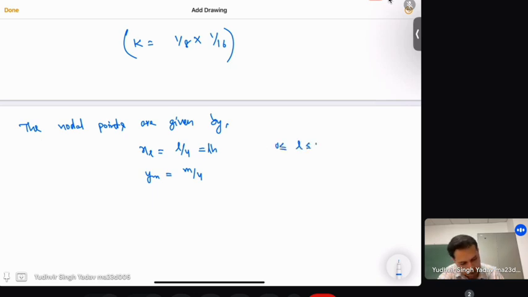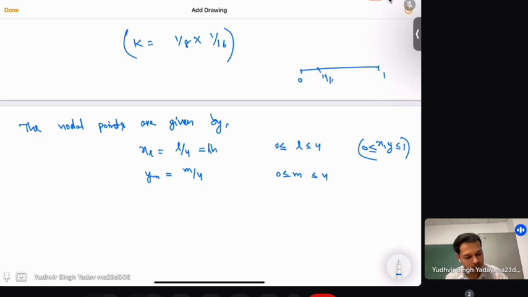So L is 0 to 4 and M is 0 to 4, since x and y are between 0 to 1. So there we will have a heat plate from 0 to 1, with 1 by 4, 1 by 2, 3 by 4. Nodal points are 0, 1, 2, 3, and 4.